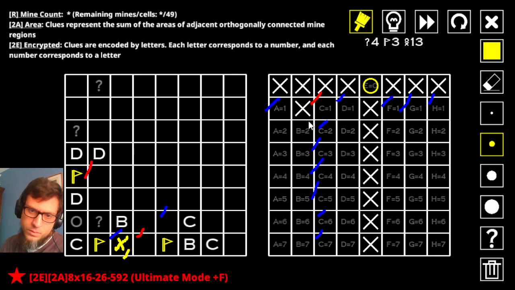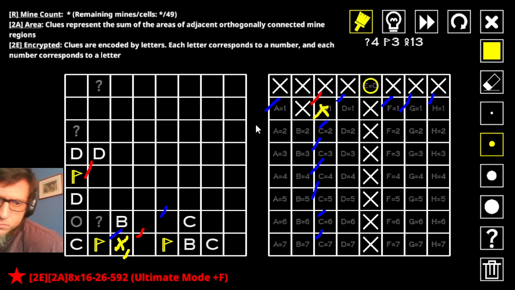Oh, C can't be 1 either in this case. Well, one of these two has to be.